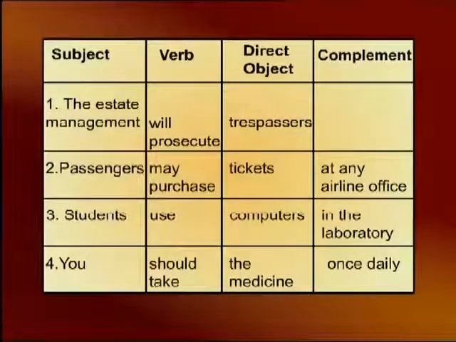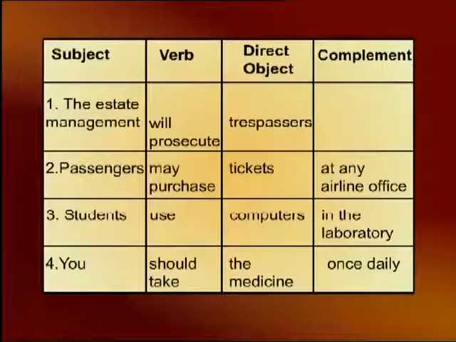The object is trespassers. Number 2, passengers may purchase tickets at any airline office. The verb is may purchase, and may purchase requires a direct object, which happens to be tickets.